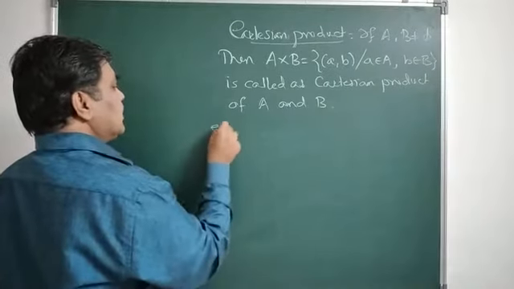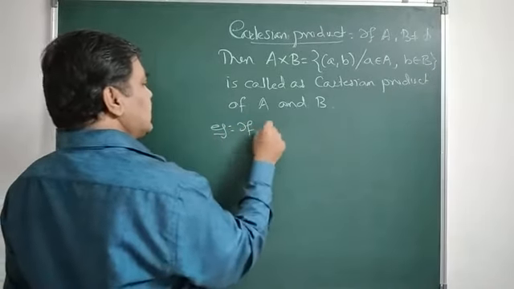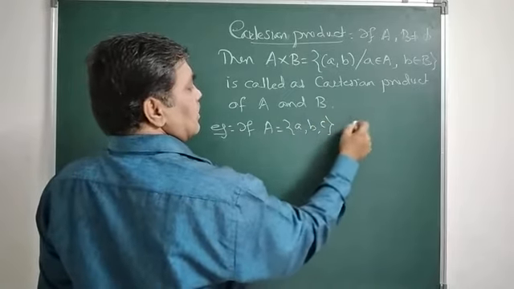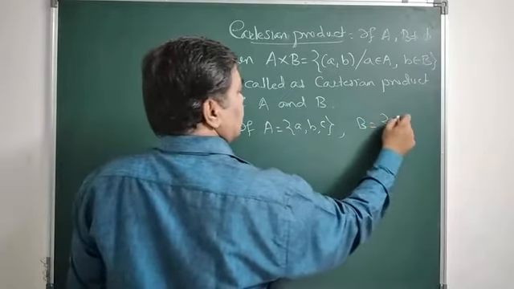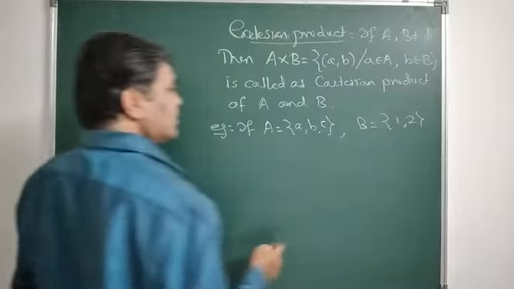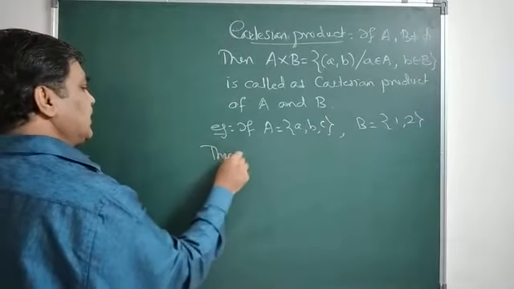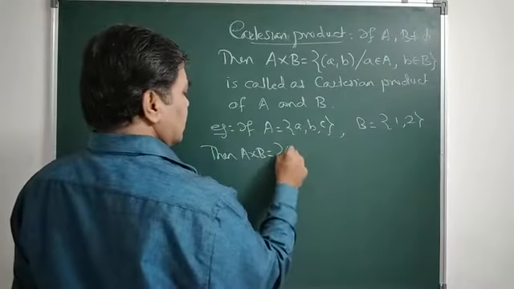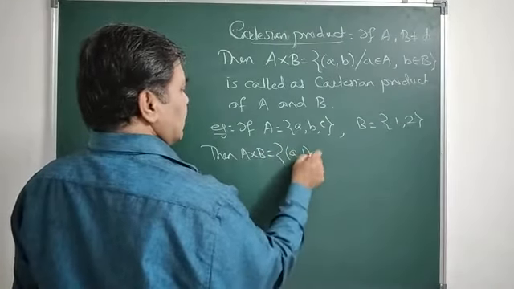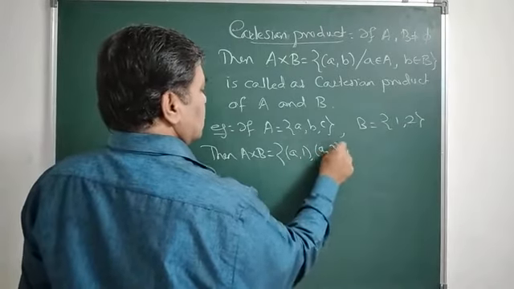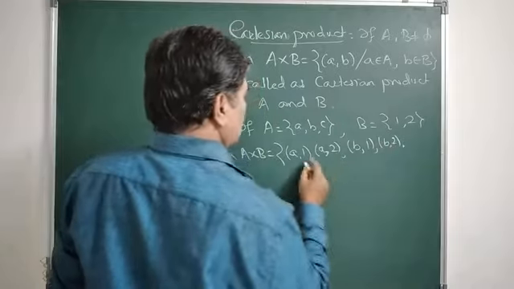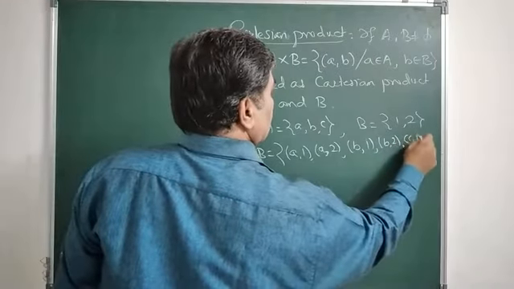For example, if A is equal to {a, b, c} and B is equal to {1, 2}, then what is your A cross B? I'll take (a,1), (a,2), (b,1), (b,2), (c,1), (c,2).